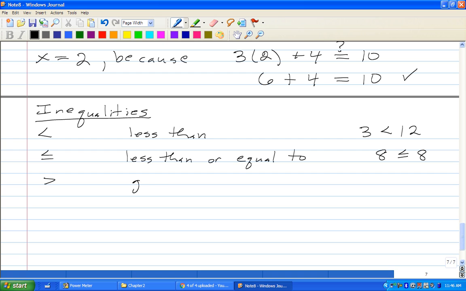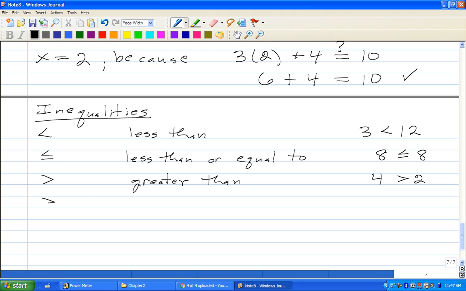Greater than. Notice also on the number line, A is less than B if A is to the left of B. Greater than. 4 is greater than 2.